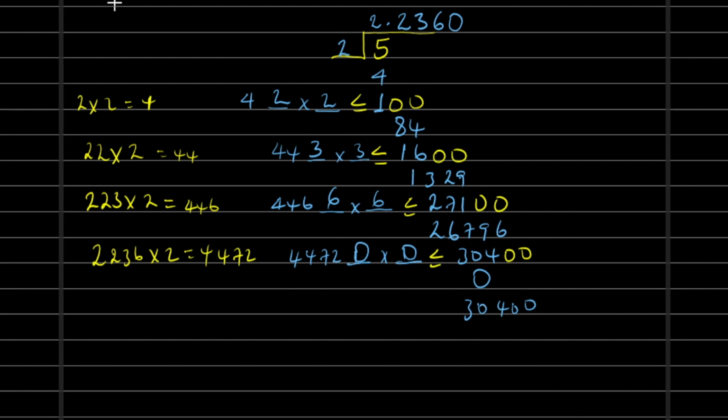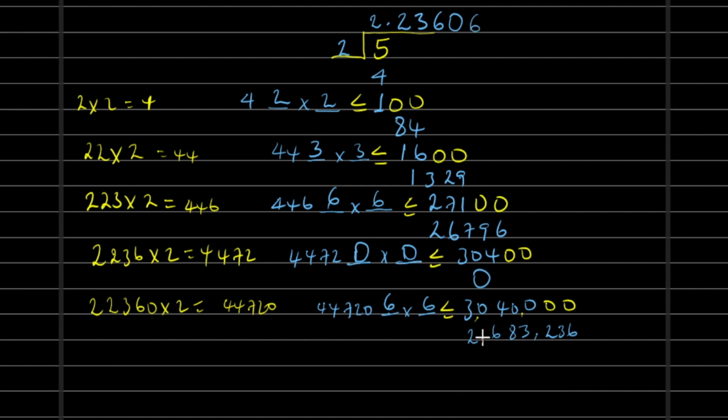Similarly, we add 2 zeros here, and we are going to find a number which is less than or equal to 3,040,000. First, let's double these numbers. 22,360 times 2. Insert 6 here. When we multiply 447,206 by 6, we get 2,683,236. The next digit is 6.